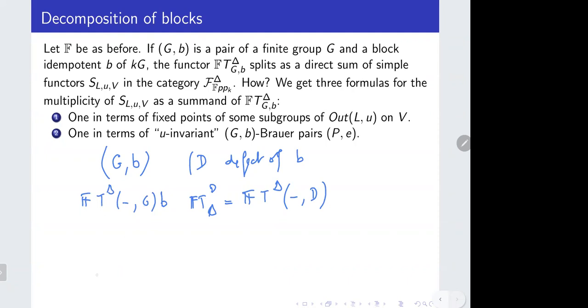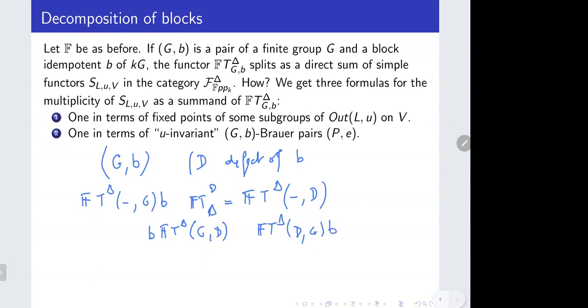And of course, again, by Yoneda lemma, what you get is something like FT delta of G and D and its colleague FT delta of D, G, and B.